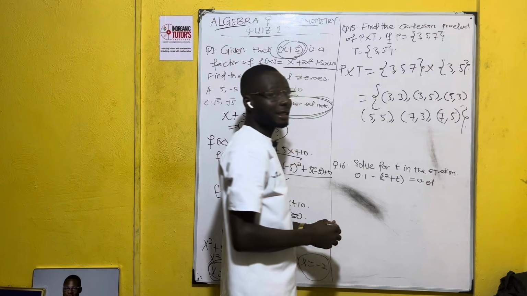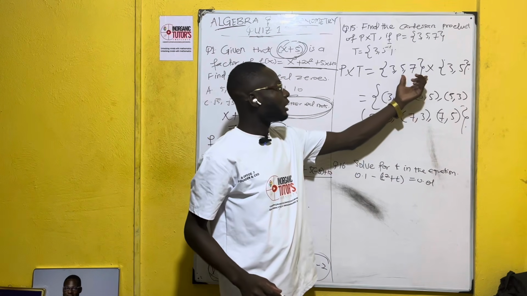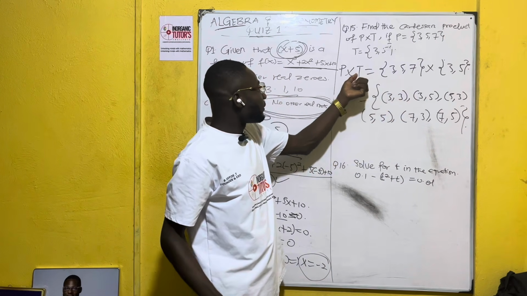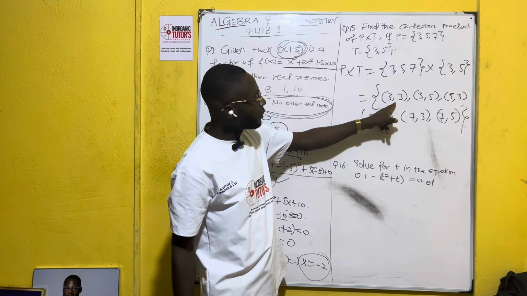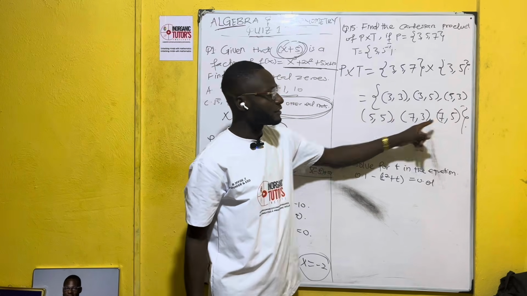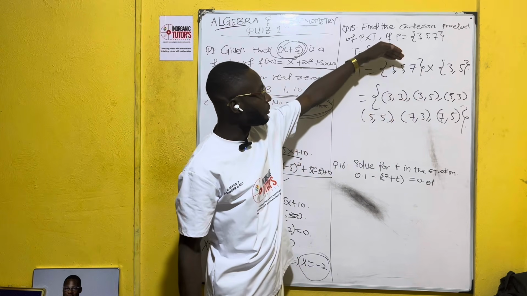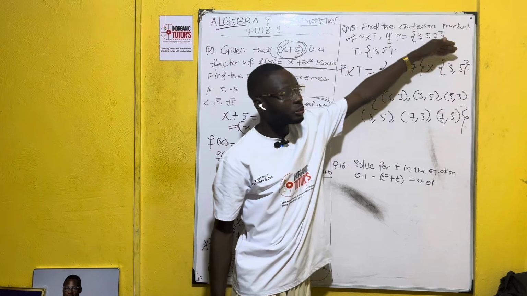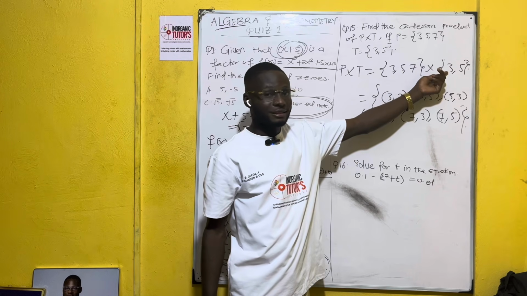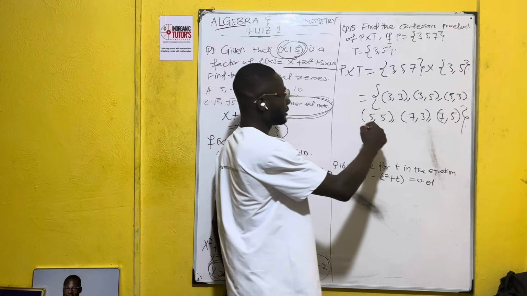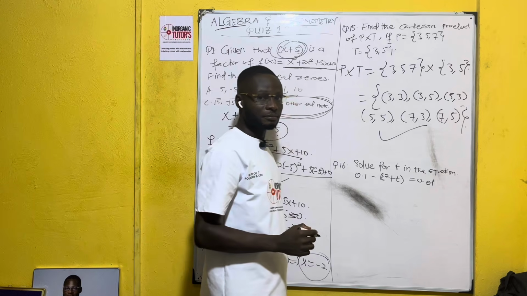So these are the elements obtained from finding the cross product of P and T: 1, 2, 3, 4, 5, 6. And you know that we have 3 elements here and 2 elements here, so 3 times 2 is 6, right? So that is it for this particular problem.